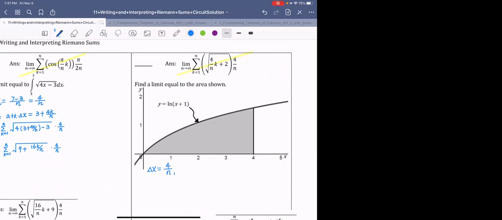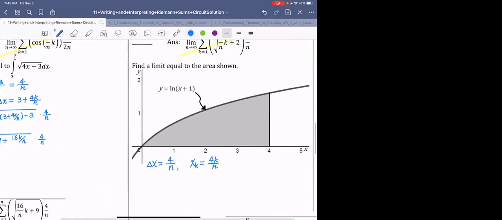And then xk would be just 4k over n, because a is 0, okay? Now continue. It's right there.